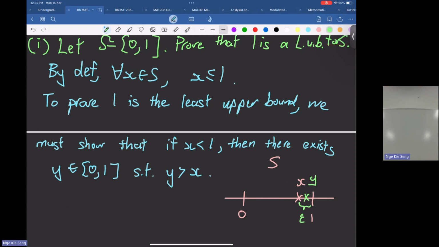I know how to build. So okay, let epsilon be 1 minus x first. We know this is greater than 0 already. Okay, how to build y? How to build a number that is greater than x using epsilon?